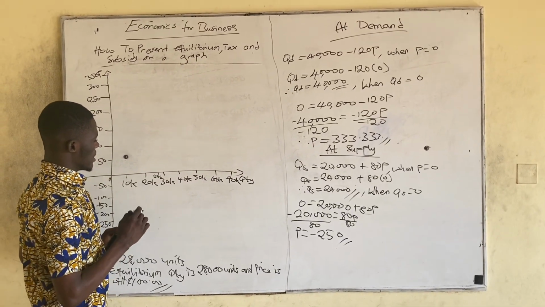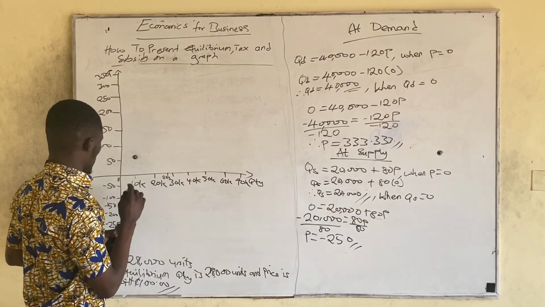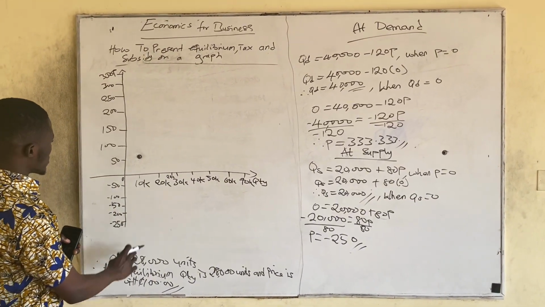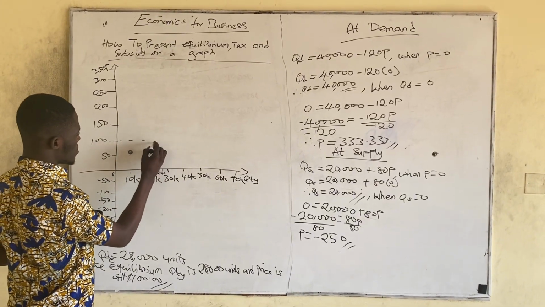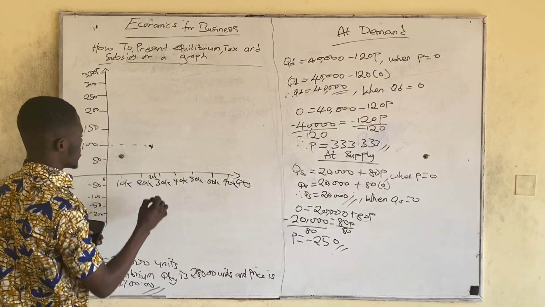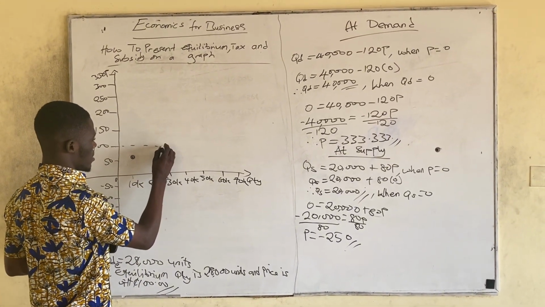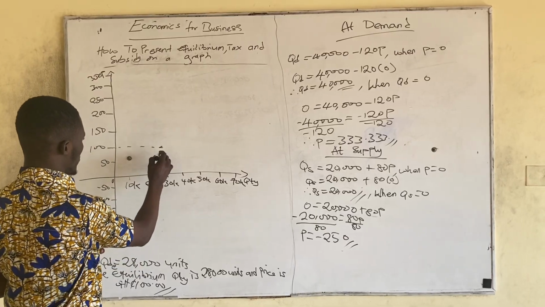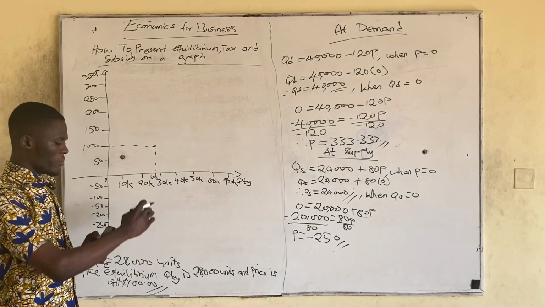Then the price too was 100, so if you trace, we'll get it somewhere here. We'll get it here as our equilibrium. Let me trace this one too as the equilibrium.